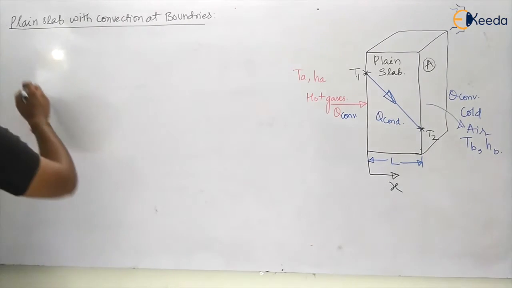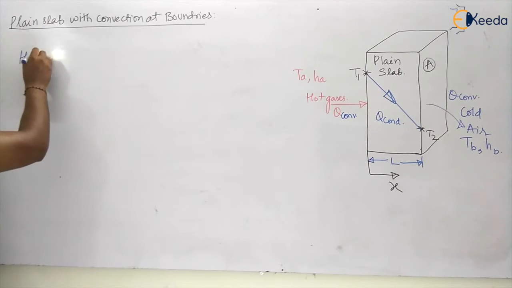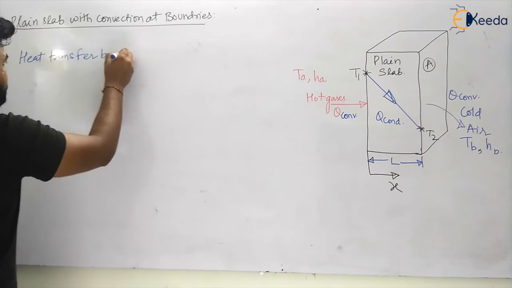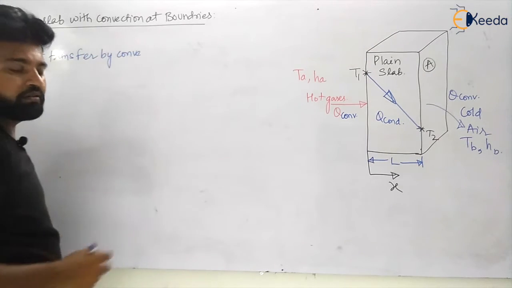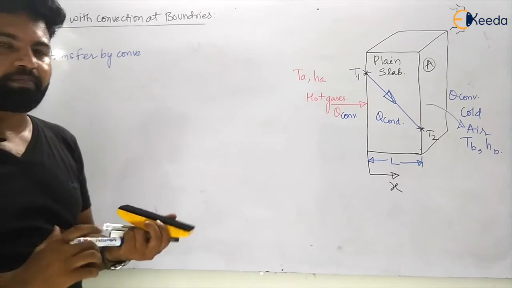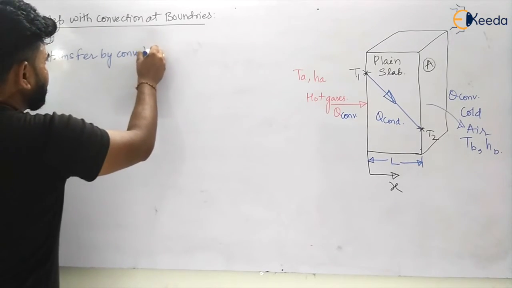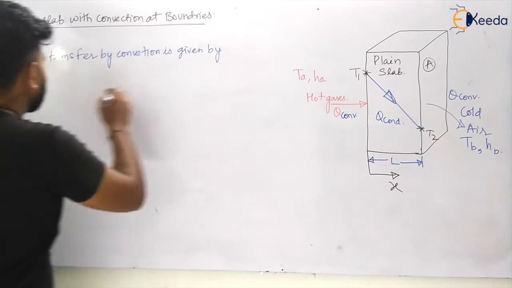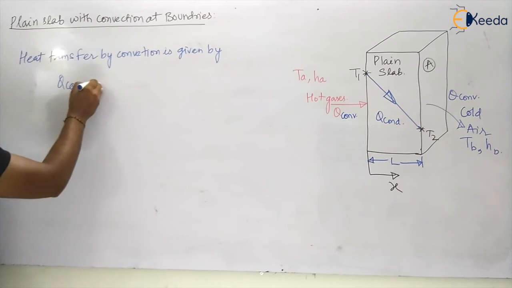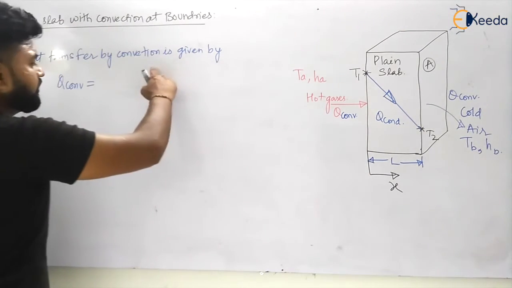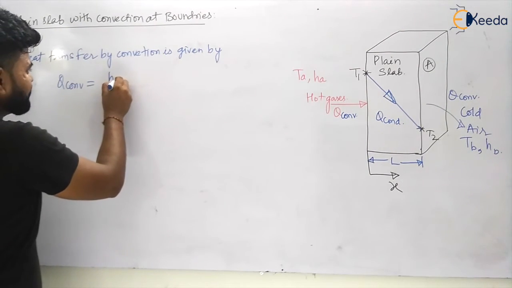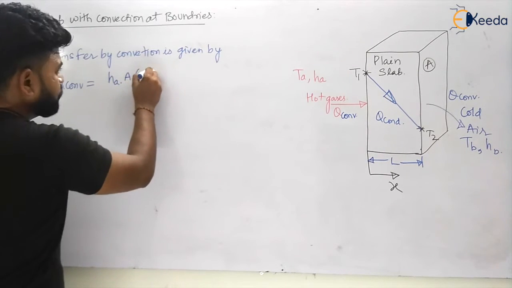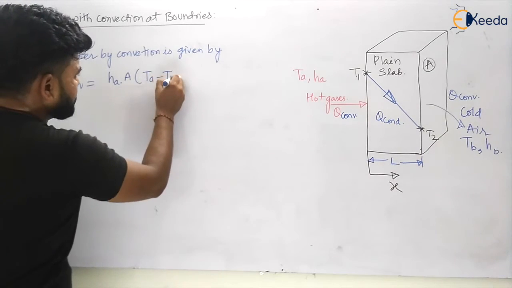Yes, we can calculate. So heat transfer by convection is given by, your Q convection is equal to, for the hot gases this side, given by Newton's law of cooling. This is HA into A, the area by which the heat is transferred, into the temperature difference TA minus T1.